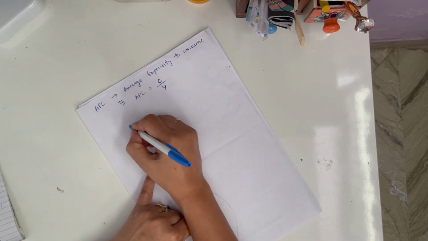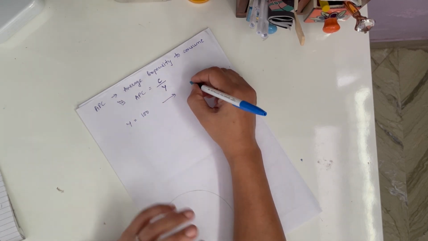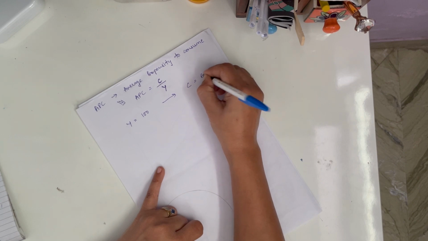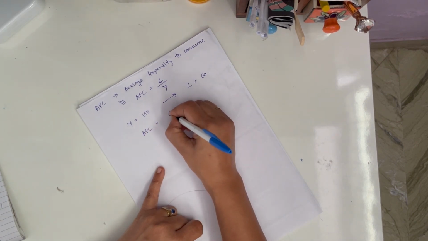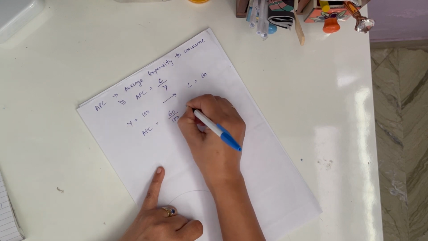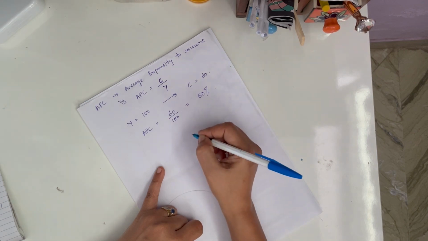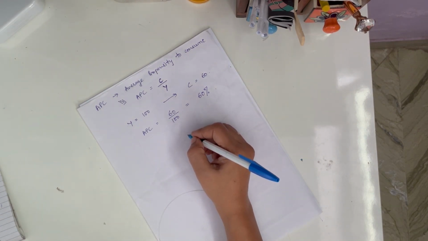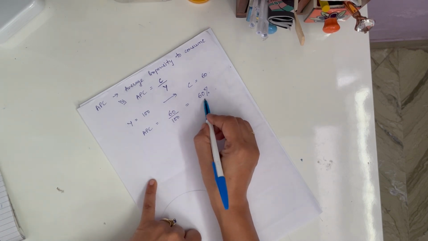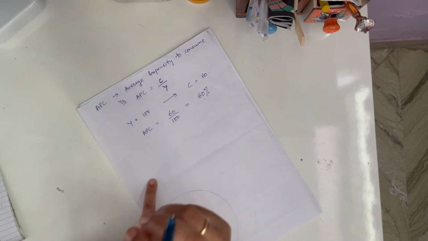If I say your income level is 100, and at that income level your consumption is 60, then my APC is 60 divided by 100, which is 60%. So it tells me that 60% of the income is spent on consumption. That's it.